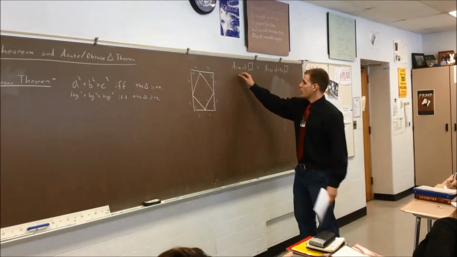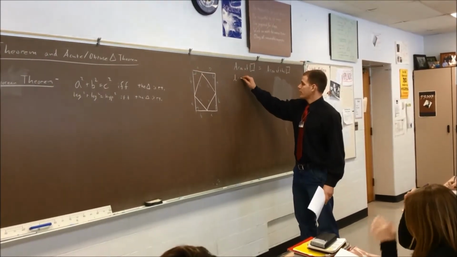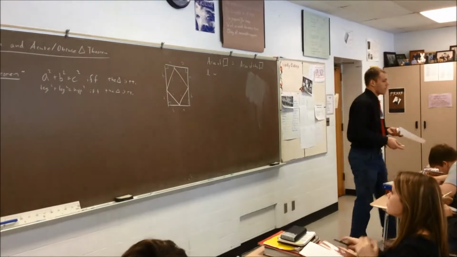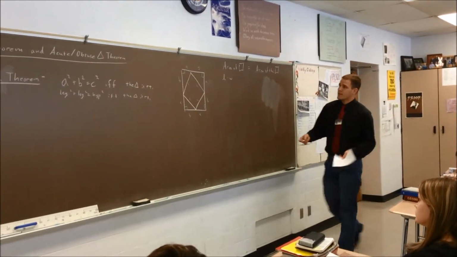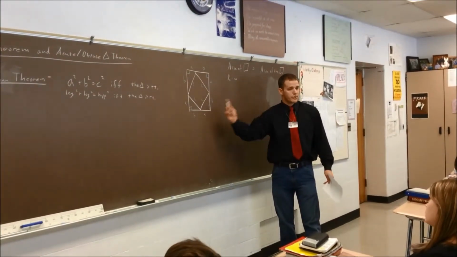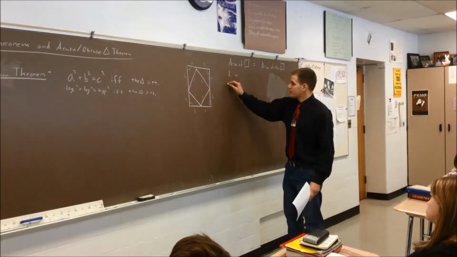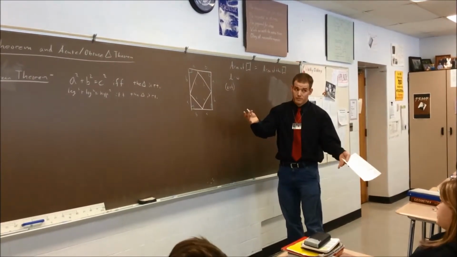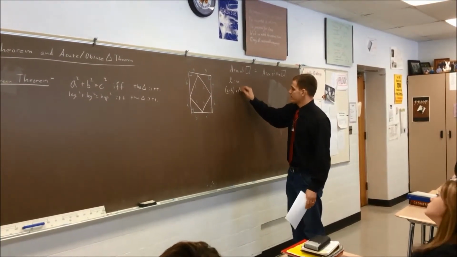So the first way is length times width of the big square. The second way is we're going to add up all the parts. So length times width up here. What's the length of this square? Everybody shout it out. 1, 2, 3. A plus B. What's the width of this square? Everybody? A plus B.